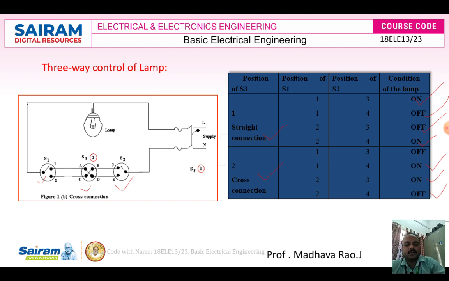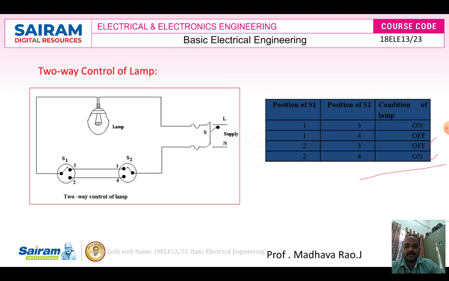So this type of lamping system is useful in seminar halls, assembly halls, corridors and big halls. These are the applications of three-way control of lamp.